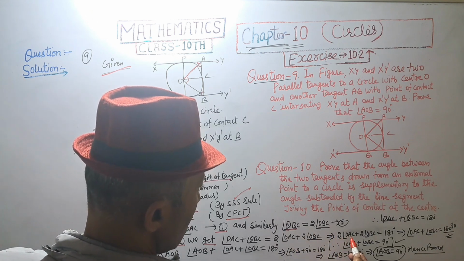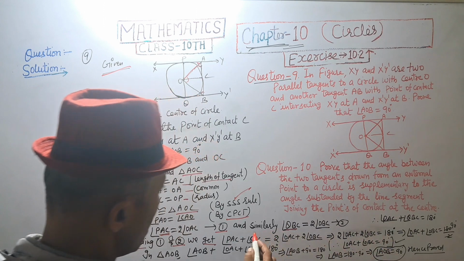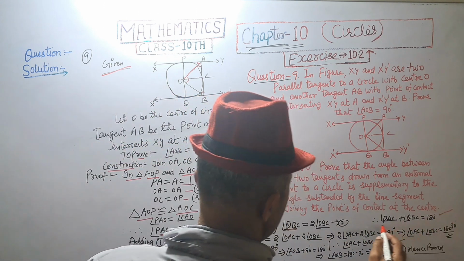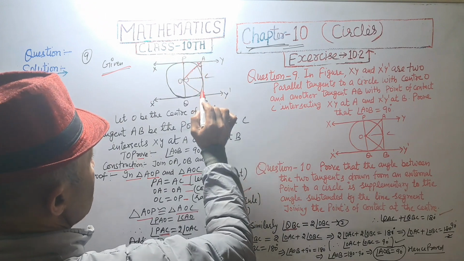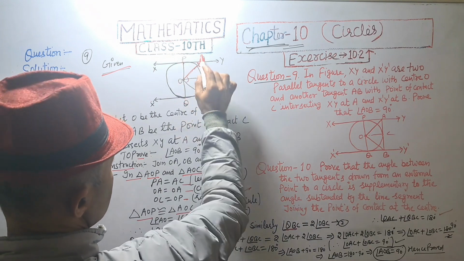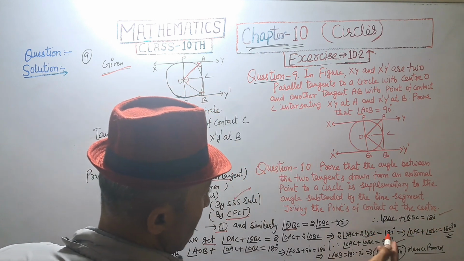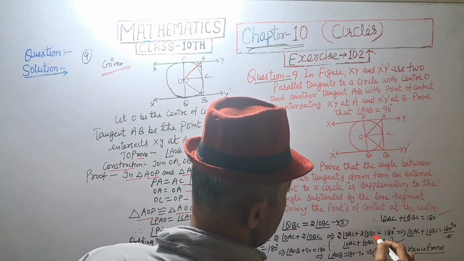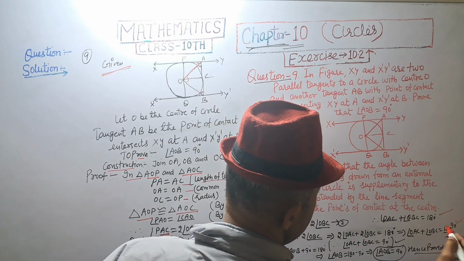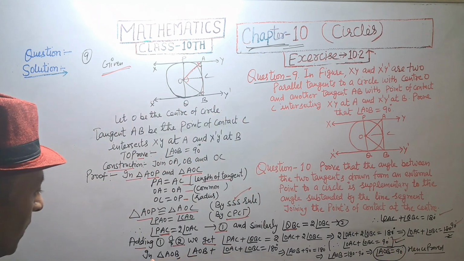Their sum is 180 degrees, so taking 2 common and dividing 180 by 2, angle OAC plus angle OBC is equal to 90 degrees.